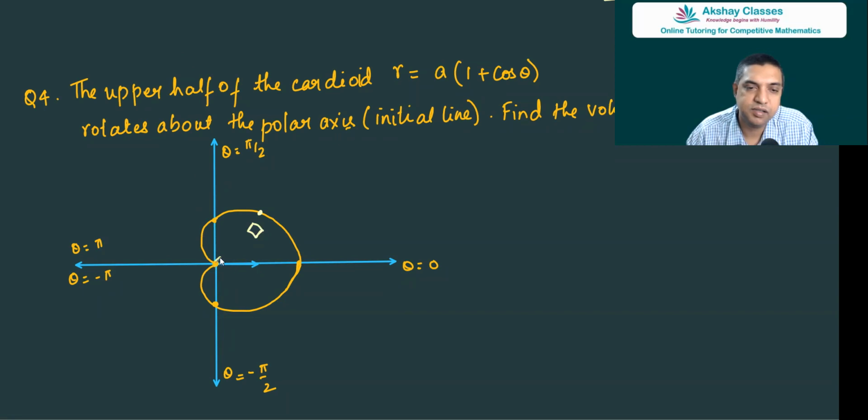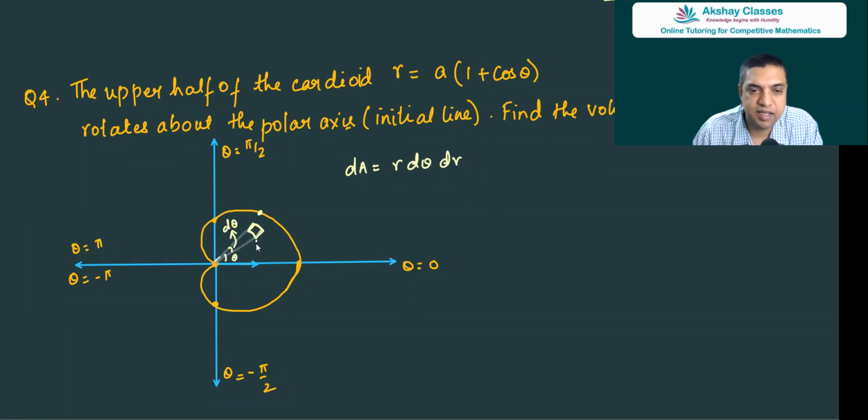Now this area element we know is r d theta dr. r d theta is this dimension and dr is this dimension. This is the area element. We have done that. This is d theta and this is theta.